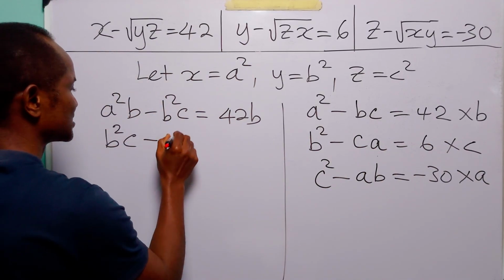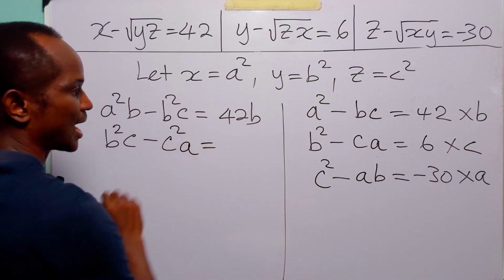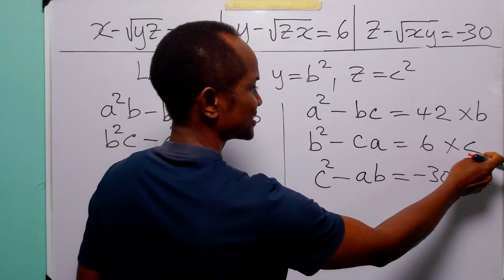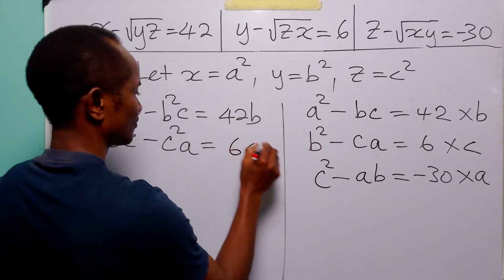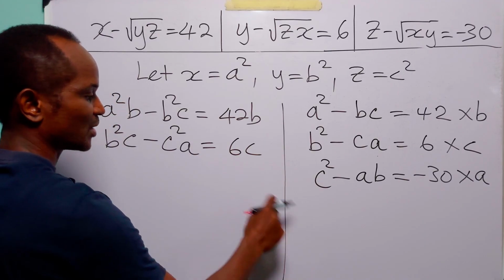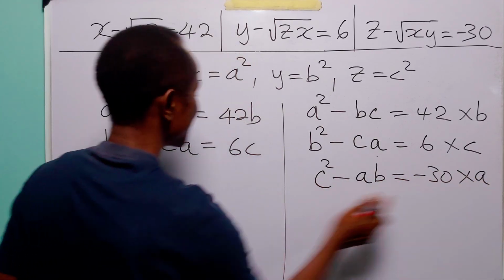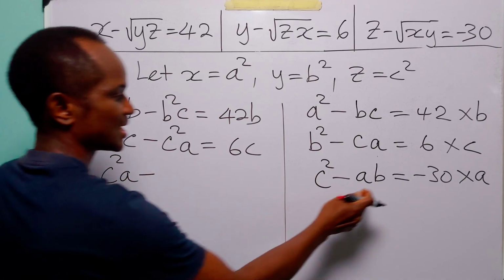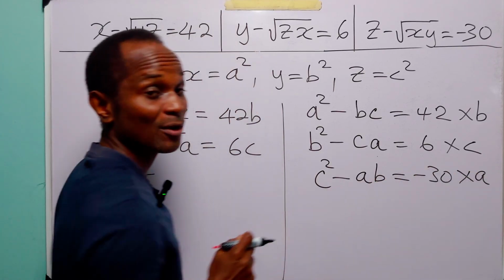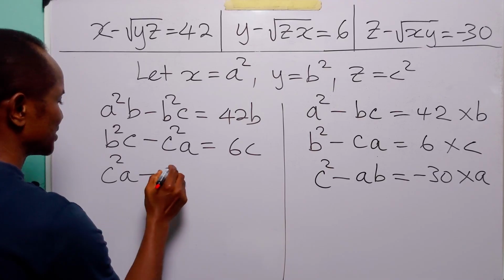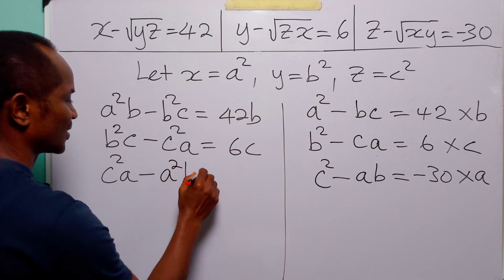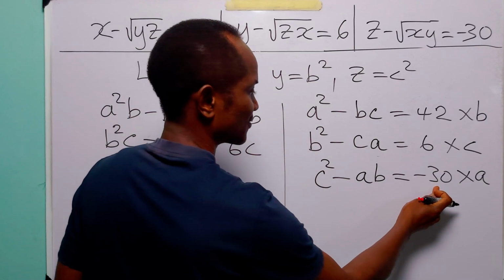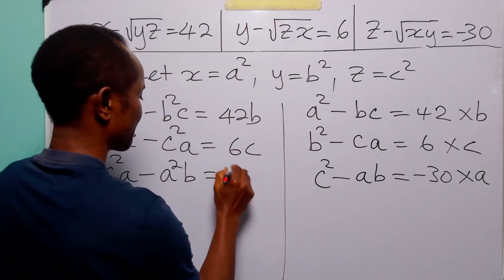So here we have c squared a. And of course, this is equal to 6c. And from the third equation, we have c squared times a minus ab times a is equal to a squared b. And this is equal to minus 30 times a.